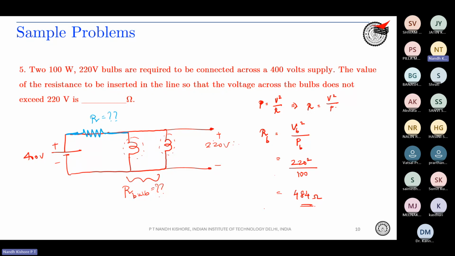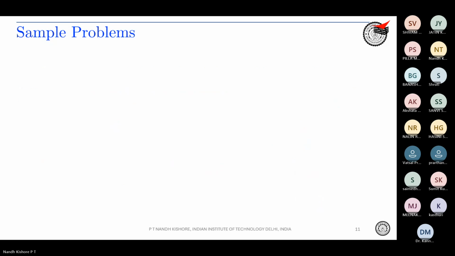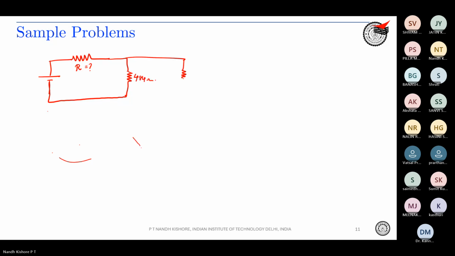Now what we are going to do is replace the bulbs in the circuit with their equivalent resistance. So this is the R to be found out. And you had two bulbs in parallel, and each of the bulbs is 484 ohms.